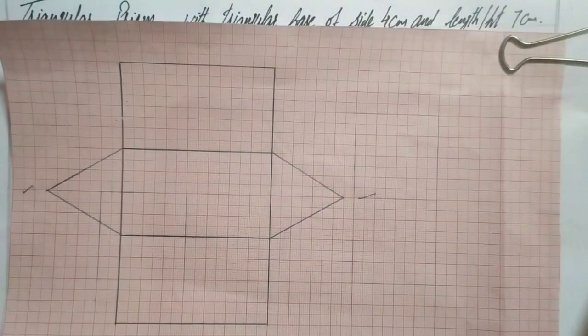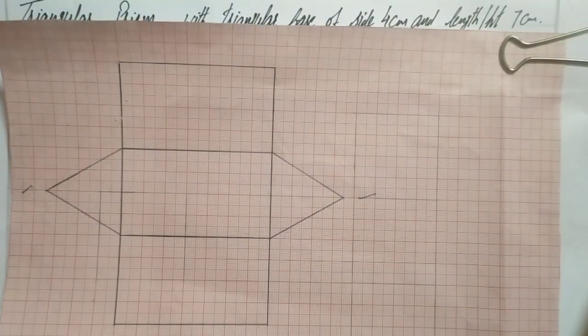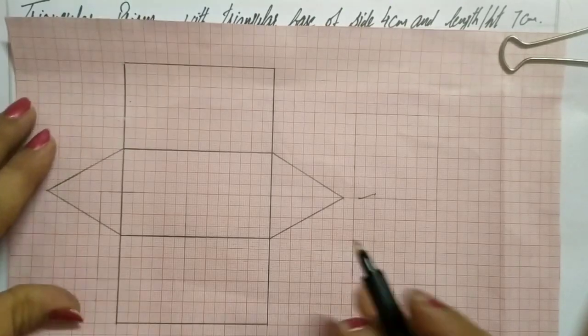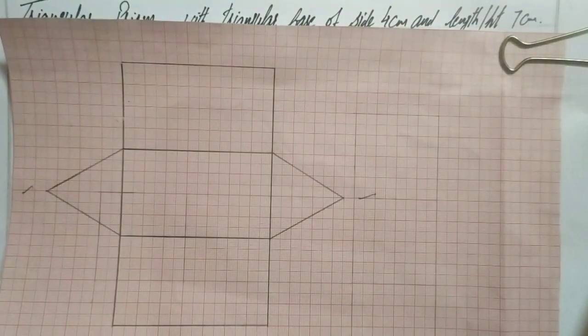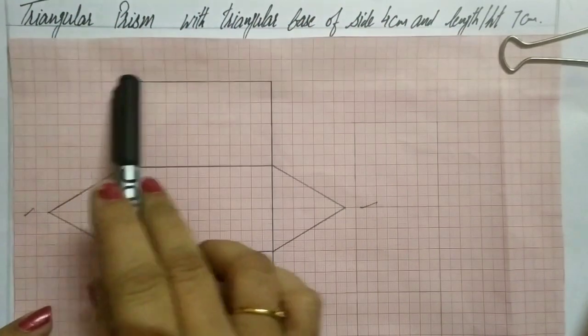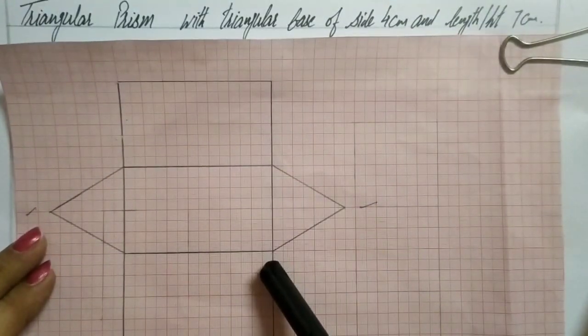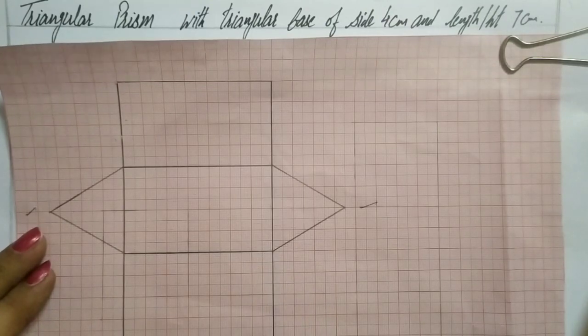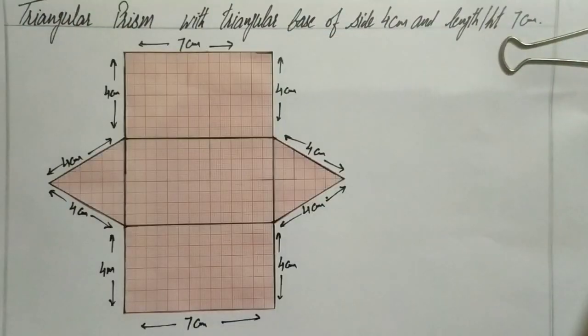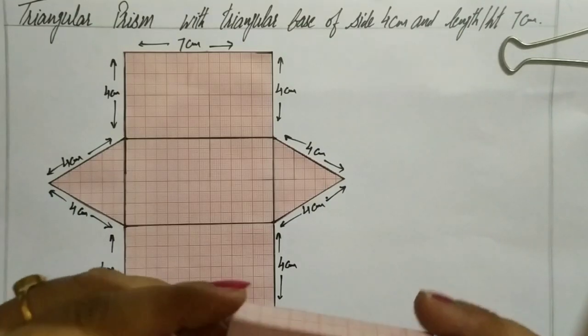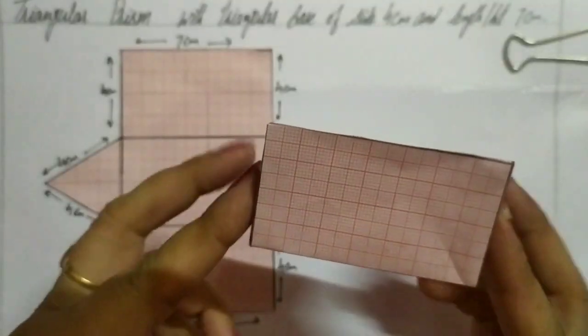Like this. Okay. So here seven by 4, then a triangular part is also 4 cm, 4 by 4, again 4 by 7. So here is the net of the triangular prism, and after paper folding it would look like this.